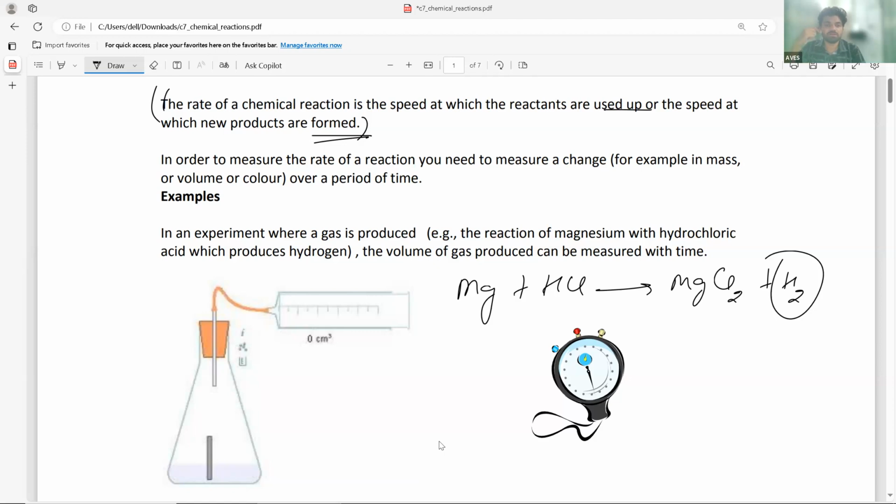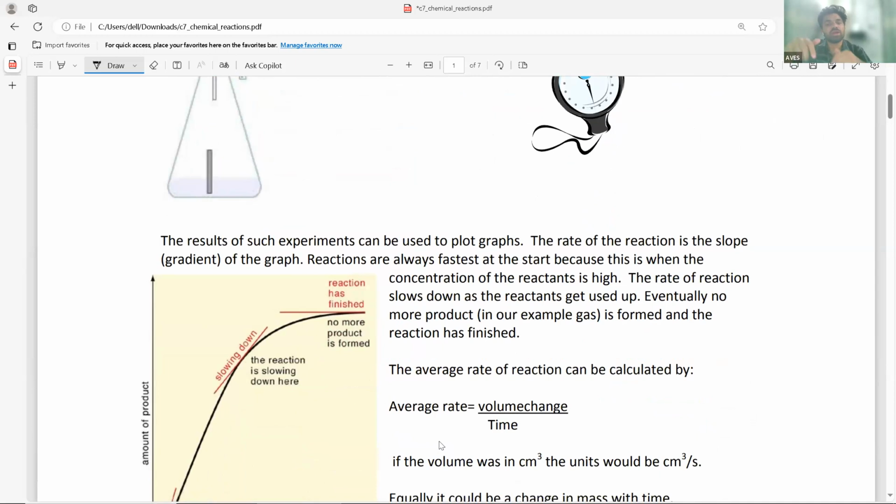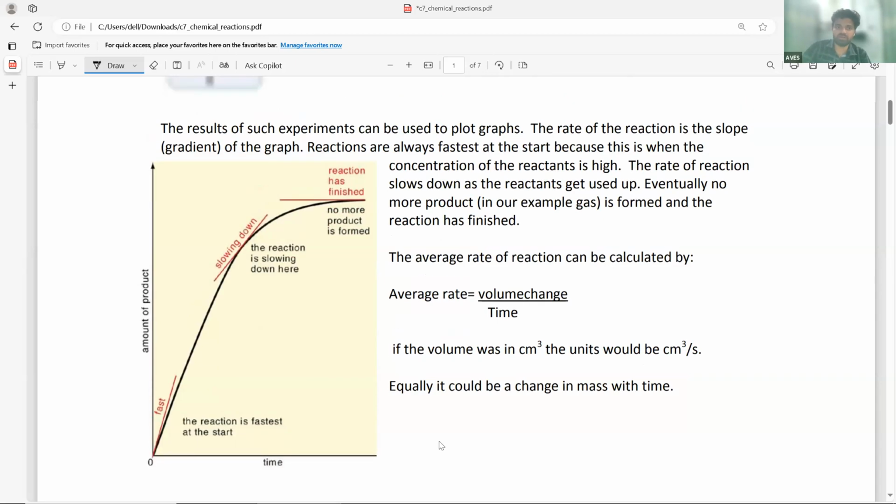With time, no more hydrogen gas will be produced. So it will be fast at the starting point, then slow down, and after some time the reaction will finish and no more product will be formed.